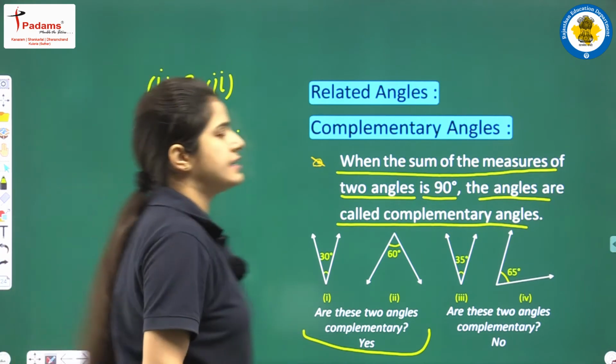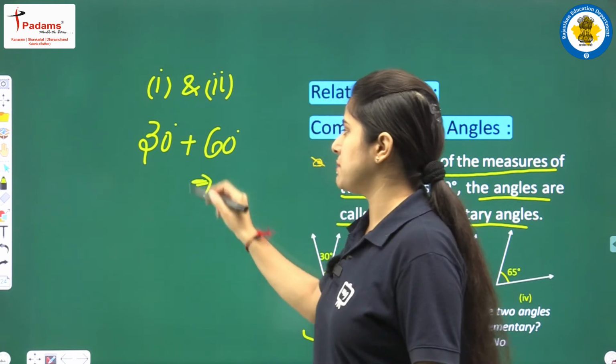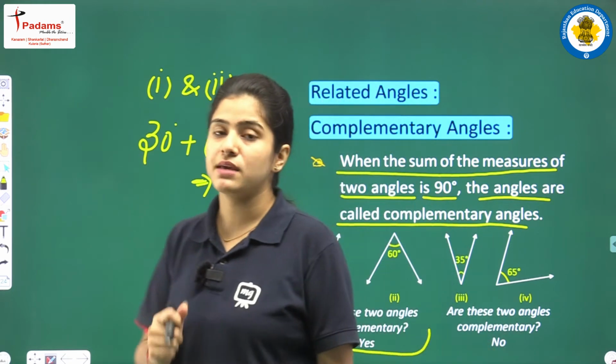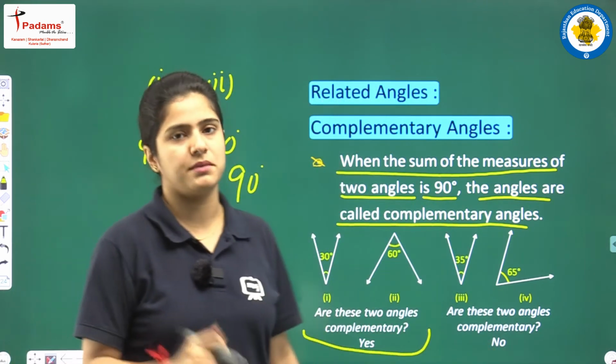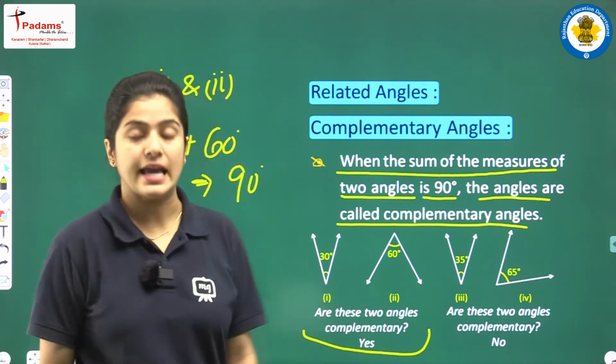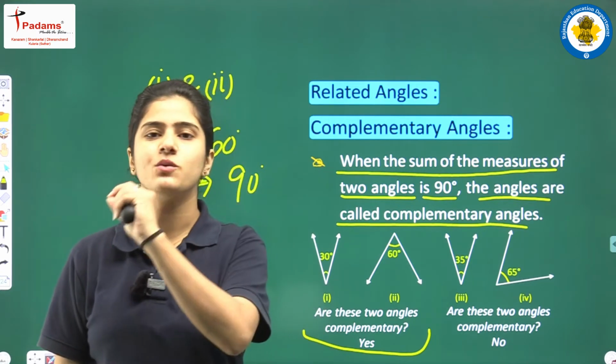If the first angle is 30 and the second angle is 60, then their sum is 30 plus 60, that is 90. If the sum is equal to 90 degrees, these two angles are complementary angles. Yes, these two angles are complementary as their sum is equal to 90 degrees.